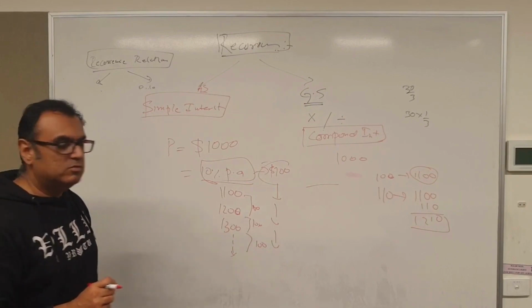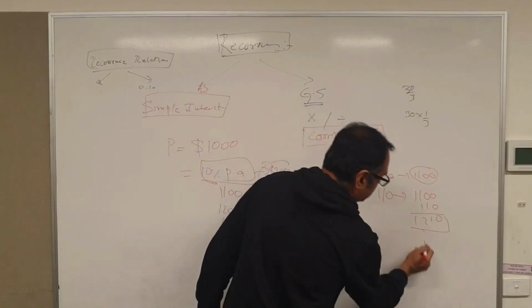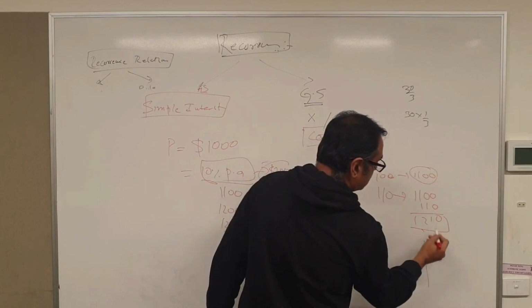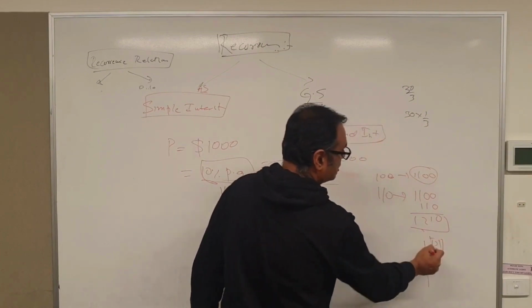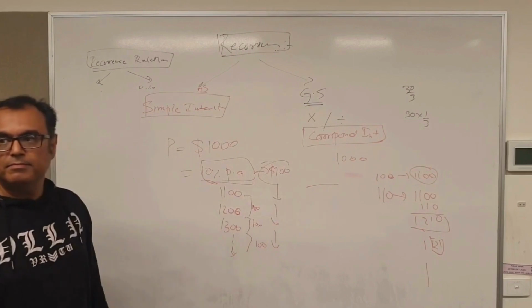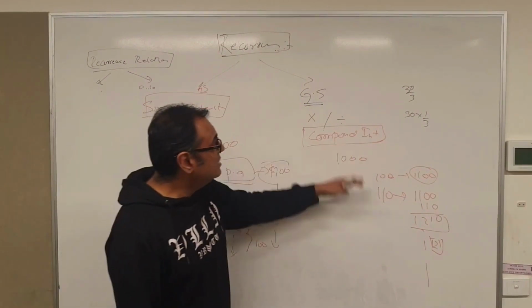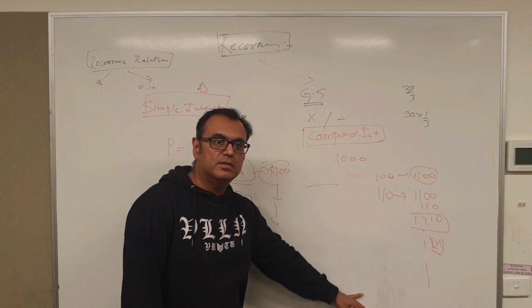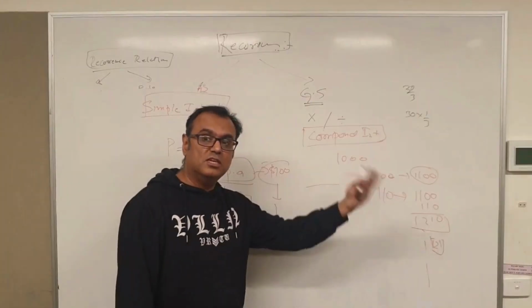Make sense? Yes? This, and you keep going. So next year you get what? $121, 10% of 1,210. This is the world of geometric sequence, geometric growth sequence.